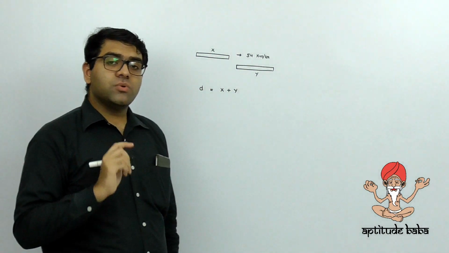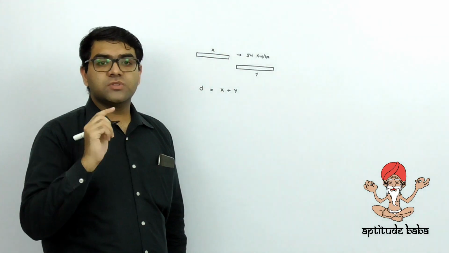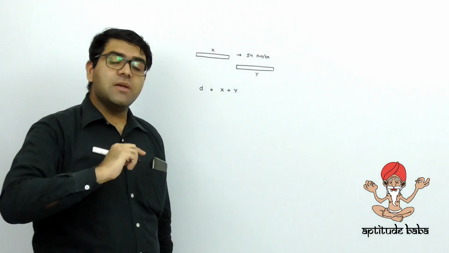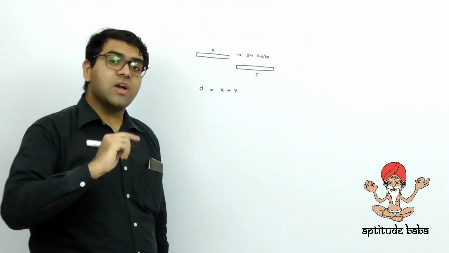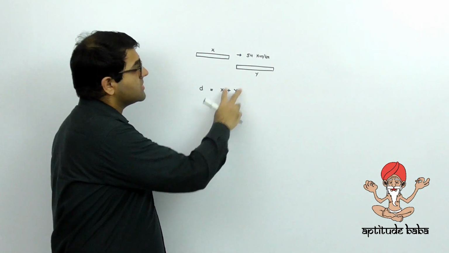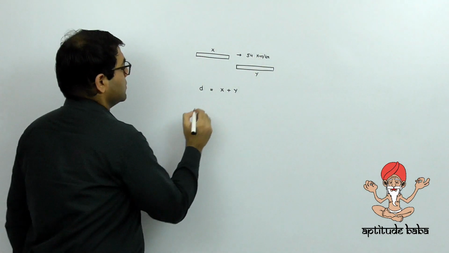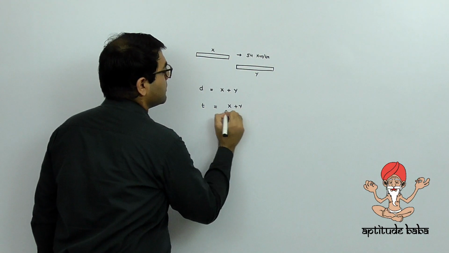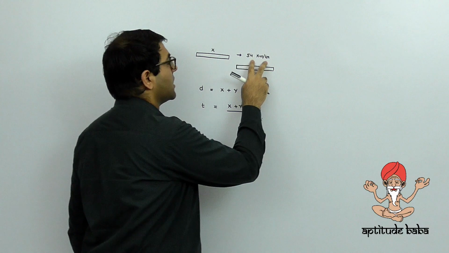Next, my question also says that the time taken for this crossing to take place is 20 seconds. Now, we know that time of crossing is distance by the speed. So the time of crossing will be a distance of x plus y traveled at a speed of 54 kilometers per hour.